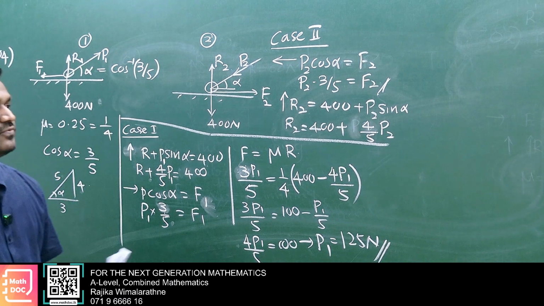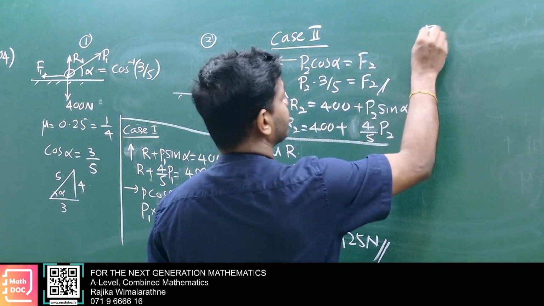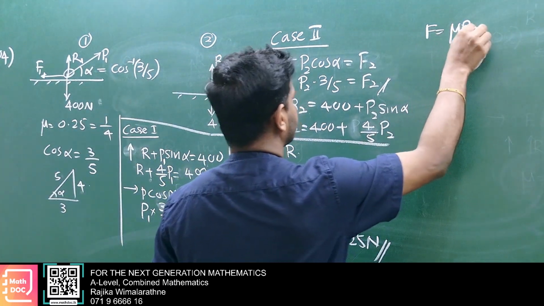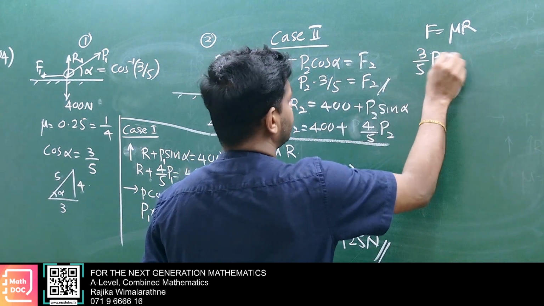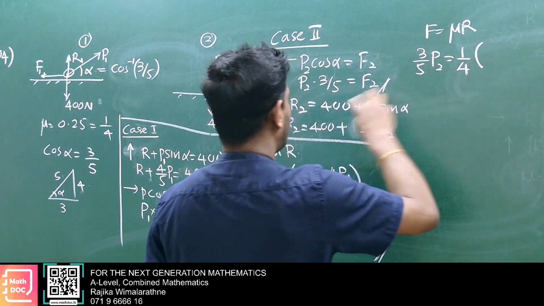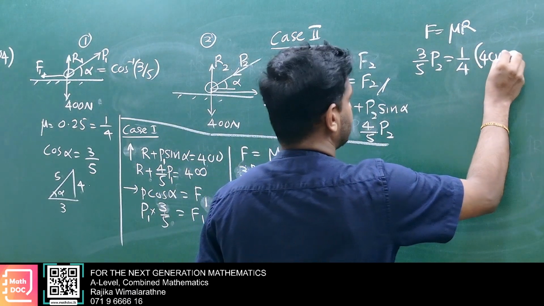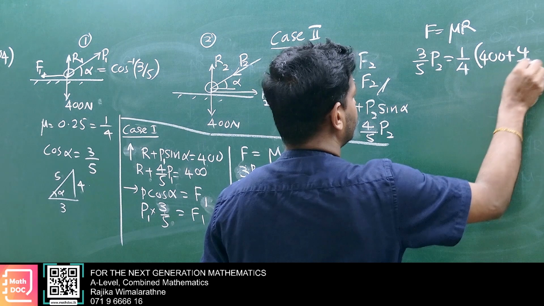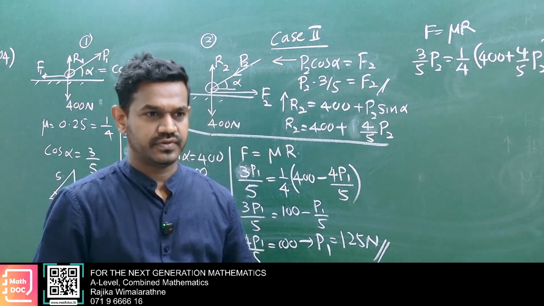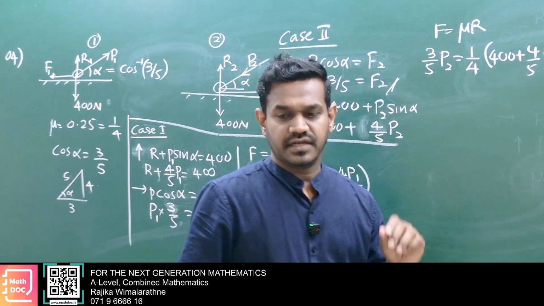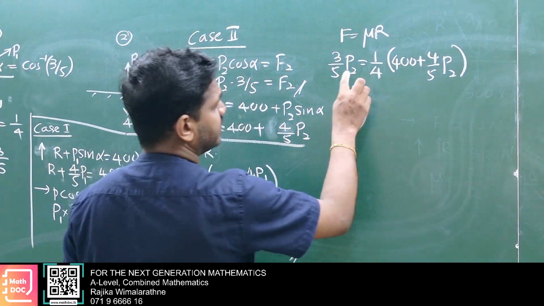Now again you consider F equals mu R. Then 3/5 P2 equals mu 1/4 times R2, which is 400 plus 4/5 P2. Now we can simplify that and find the P2 value.